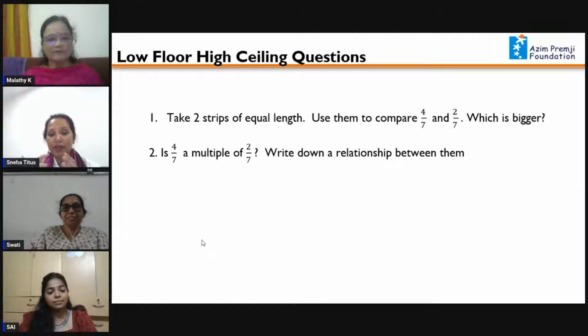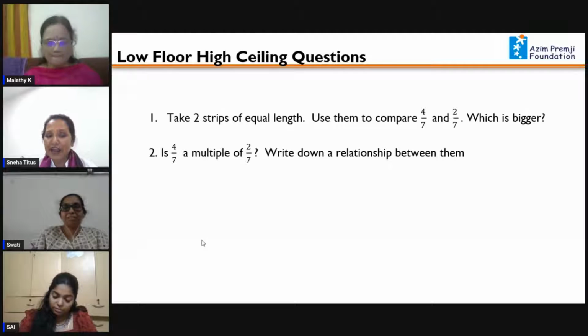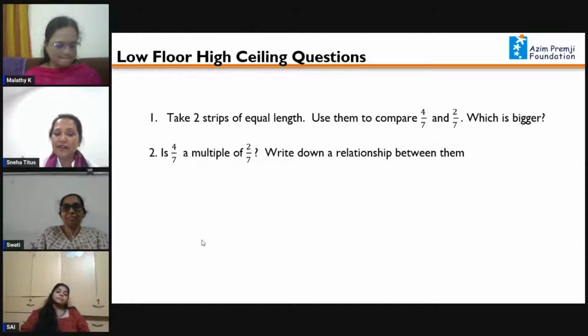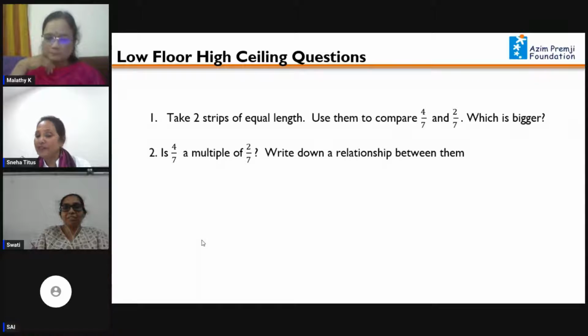I'm not just looking at it from the angle of I must represent the fraction, I must compare the fraction. I'm saying this is a fraction and there's another fraction. Can I say that one fraction is a multiple of another fraction? I've deliberately chosen my example like this.